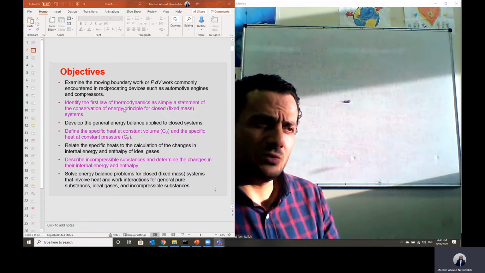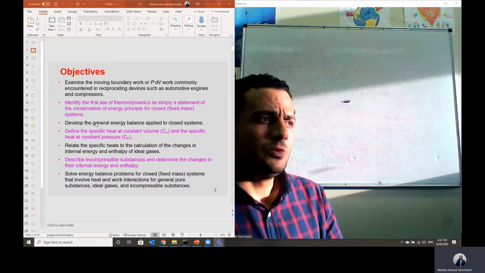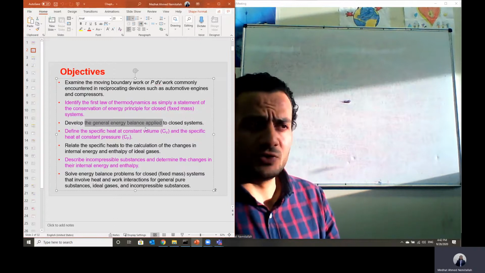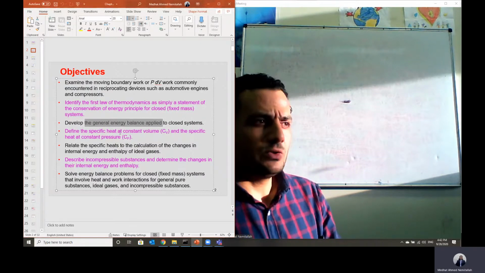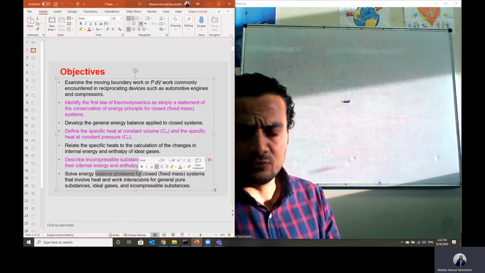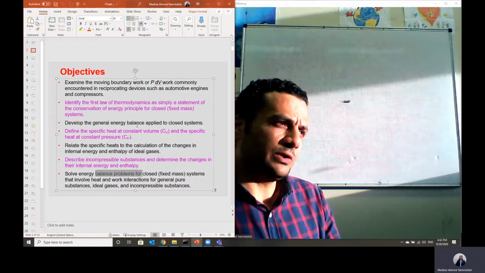Based on this relation, we developed the first law equation for a closed system, which we already developed in chapter 2: Q minus W is equal to delta U. So inshallah, we'll have some applications in this chapter, and we'll try to solve some problems and see how we can calculate the heat transfer or the work out of a system.